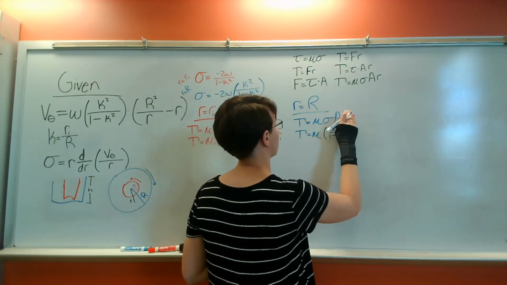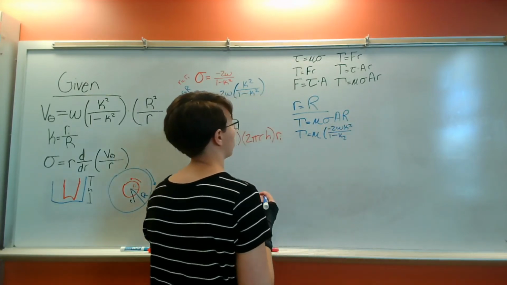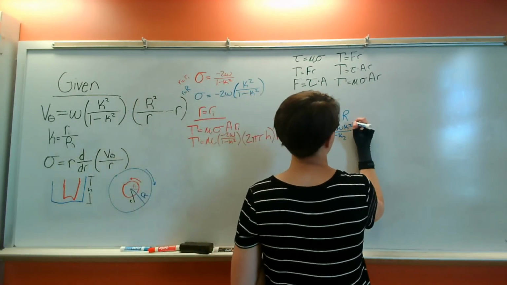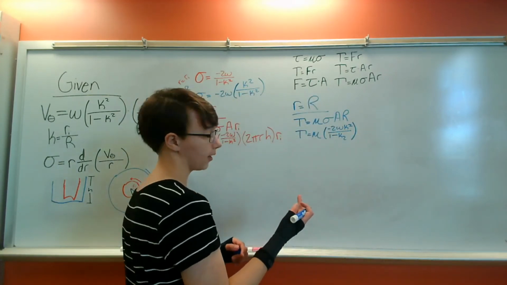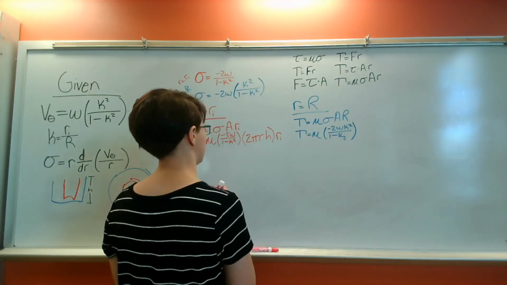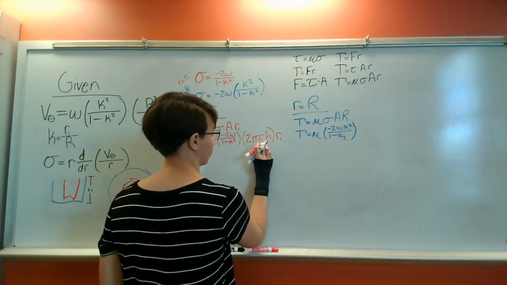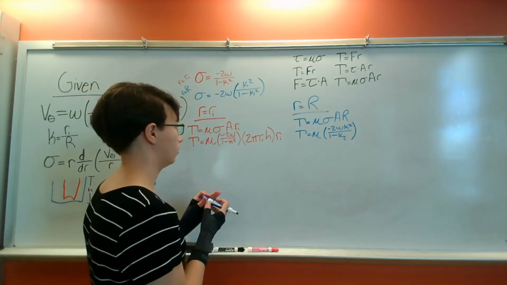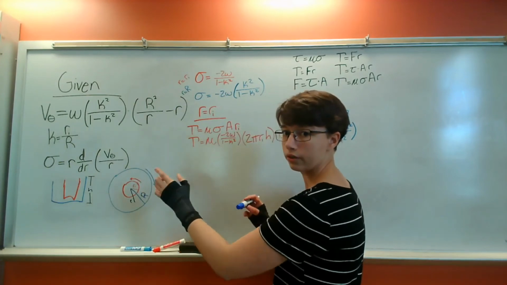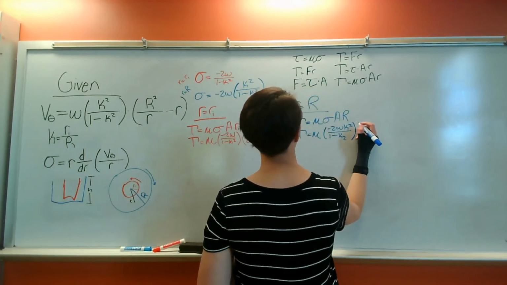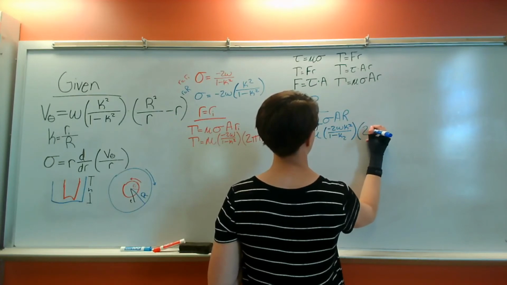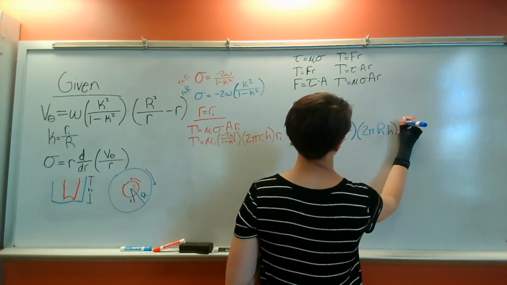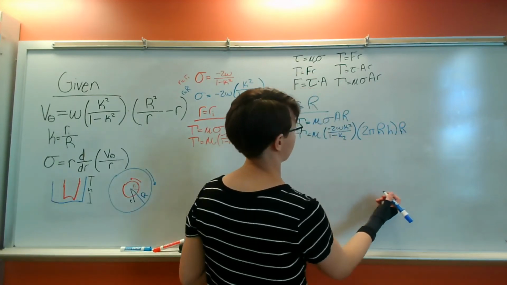And that should be big R, because we're at the outer cylinder, not the inner one. Then the area is the same deal: the circumference times the height, so 2 pi times the outer radius times the height, and then times the outer radius.